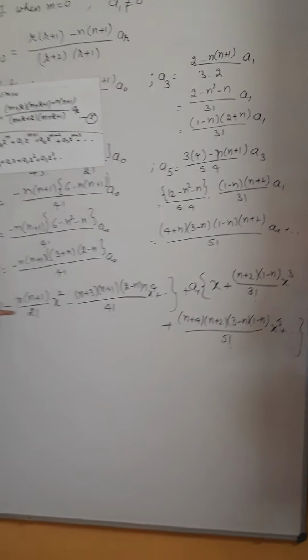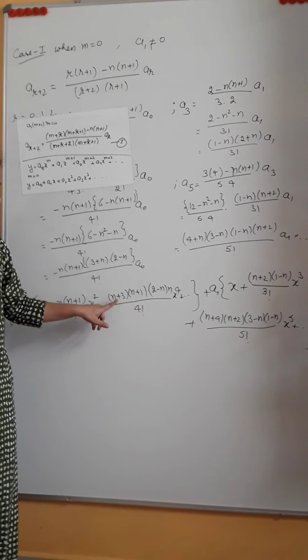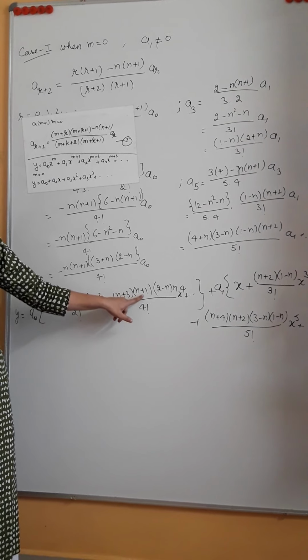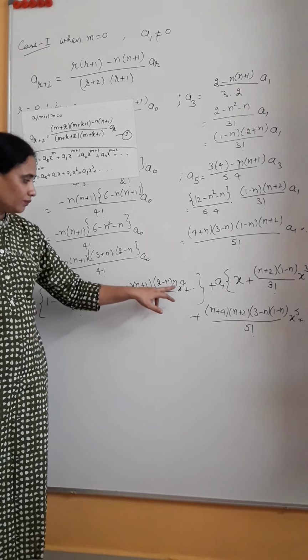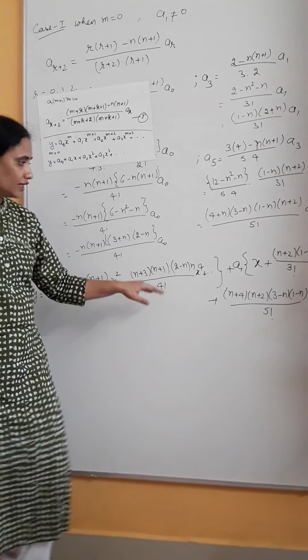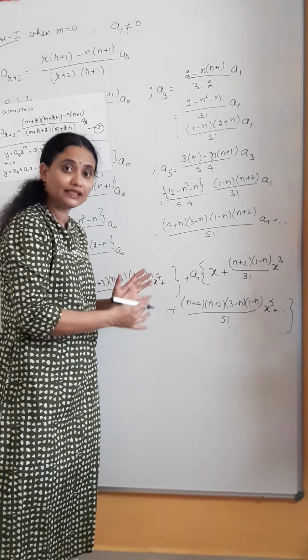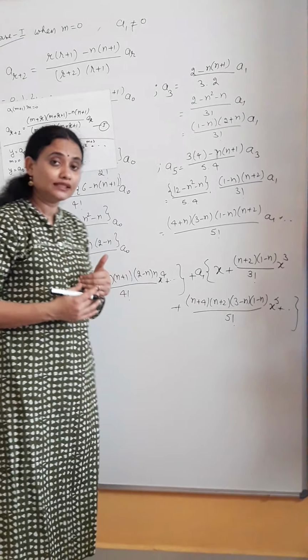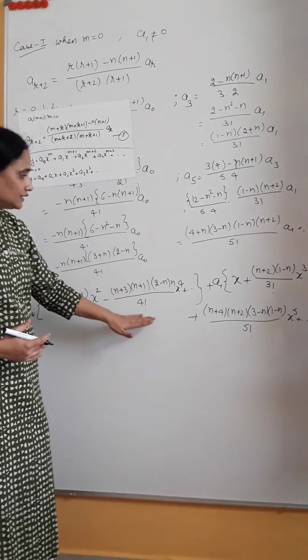If I ask you to write the next term, x power 6, you can check that it is n plus 1, n plus 3, then n plus 5 you should get, and it will be n, 2 minus n and 4 minus n. That is the purpose of summarizing, having the pattern, so that you can think what may be the fourth term, sixth term. Okay, so this is the solution.